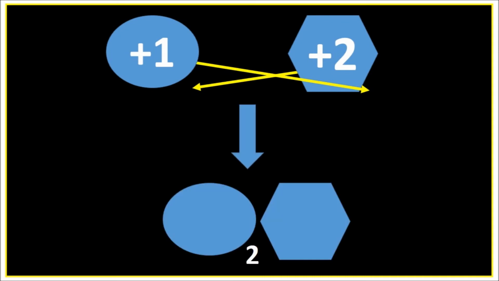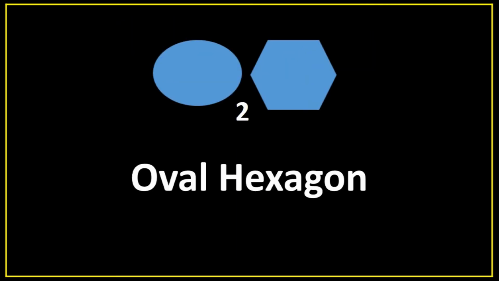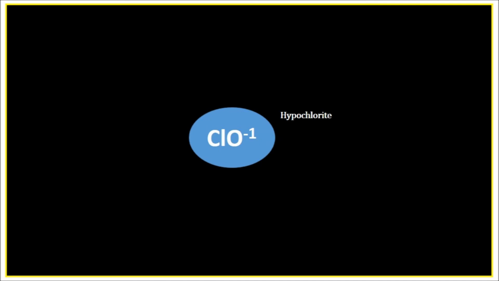It's going to be oval hexagon, and it's going to be oval 2 hexagon. The 1 is understood. That's the name of it, oval hexagon, and that was the formula.